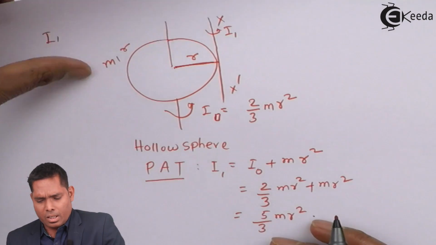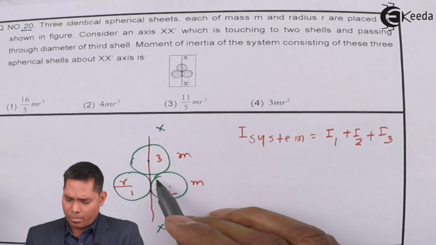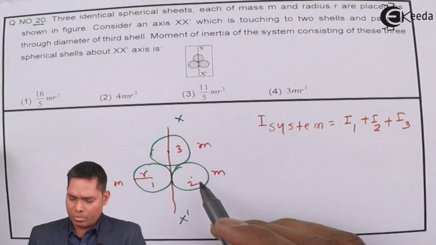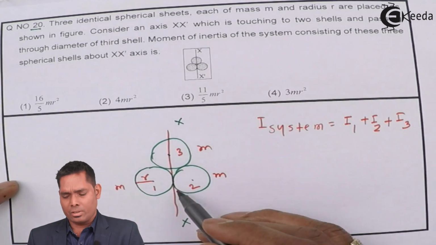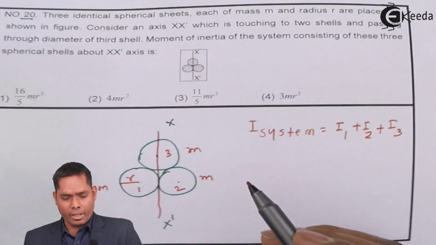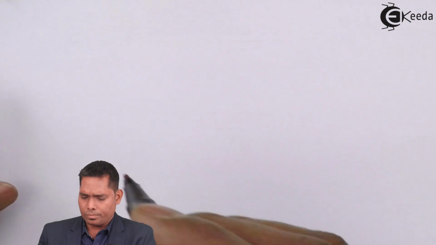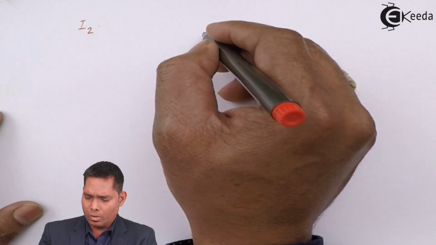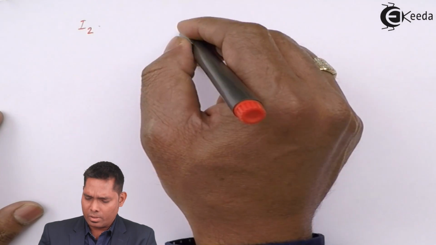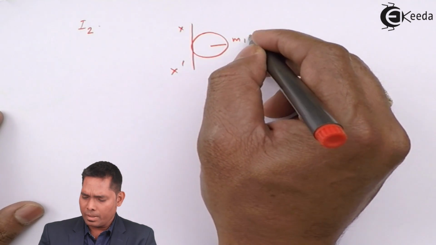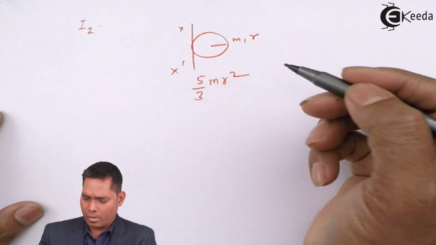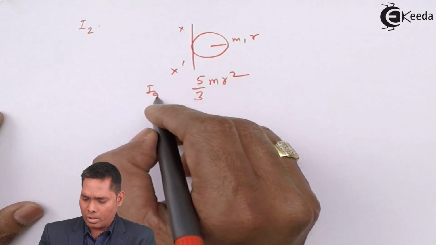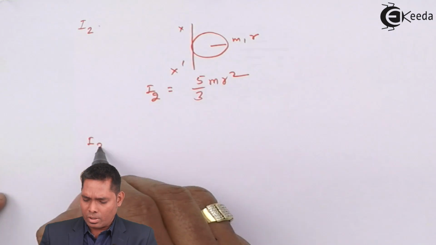So I1 is 5 by 3 mr square, and obviously I2 will also be 5 by 3 mr square, because this is also the same sphere and the same tangent. For this sphere, this axis, mass m and radius r, it is again 5 by 3 mr square. This is your I2.